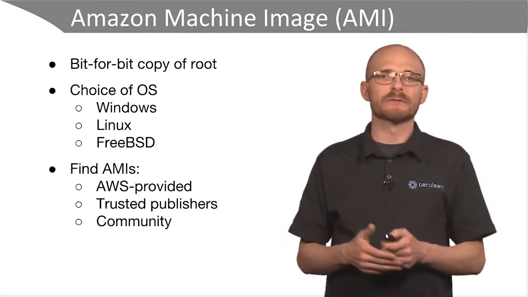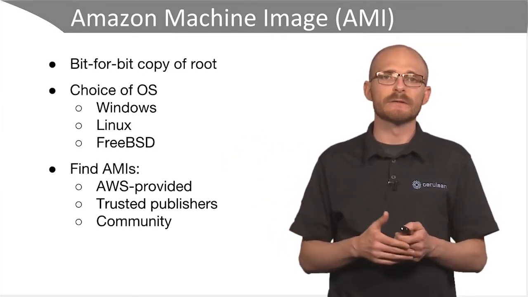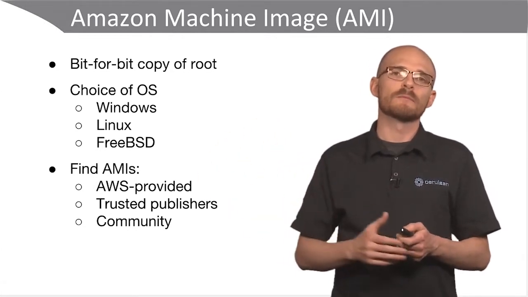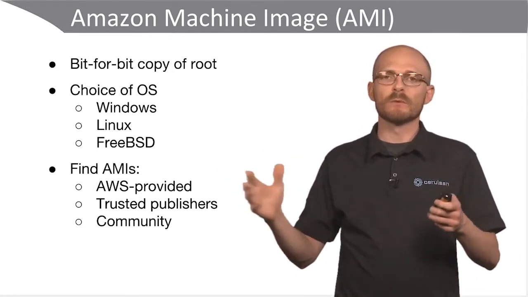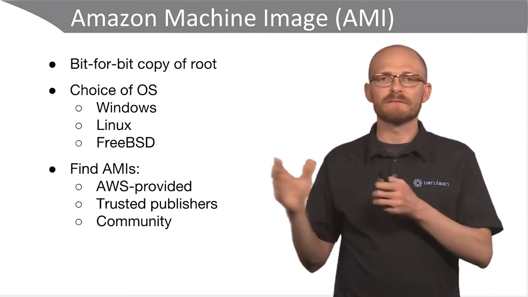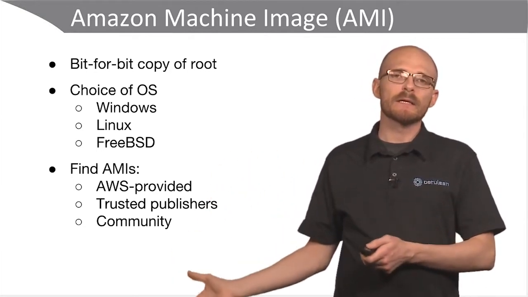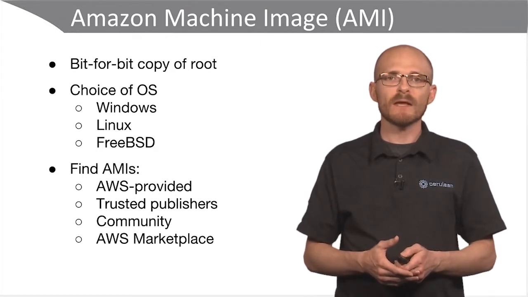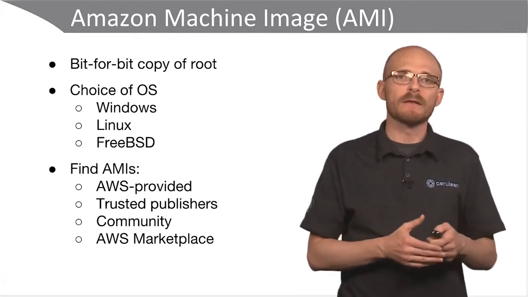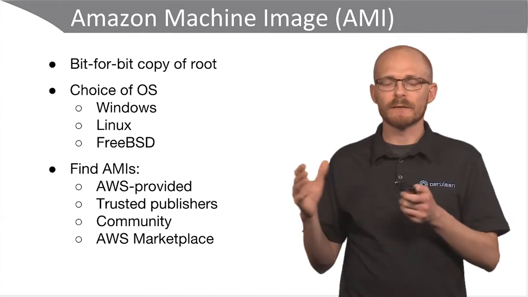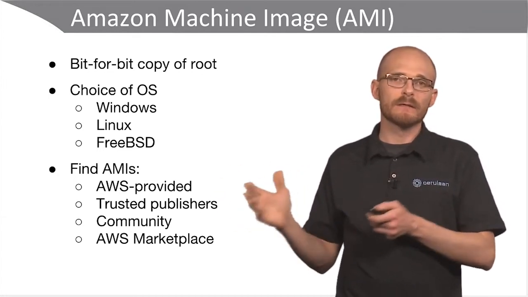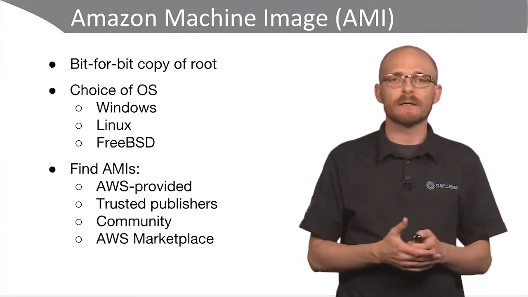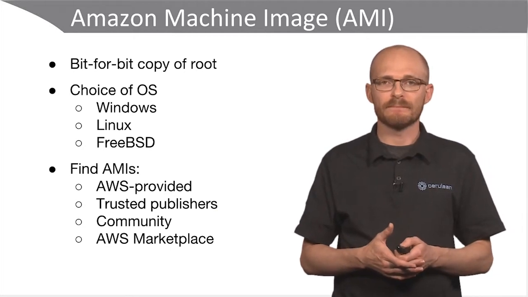Other Amazon users out there, developers and other engineers, may create their own machine images, complete with their own software packages and configured in a particular way, and then make those images publicly available to the community. And then, of course, like I mentioned earlier, there's the AWS Marketplace where we can find canned solutions that may include an additional hourly fee.